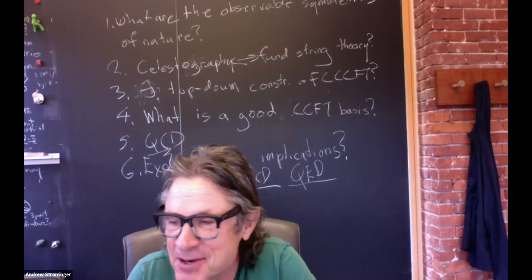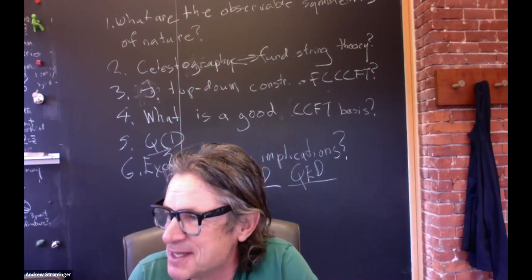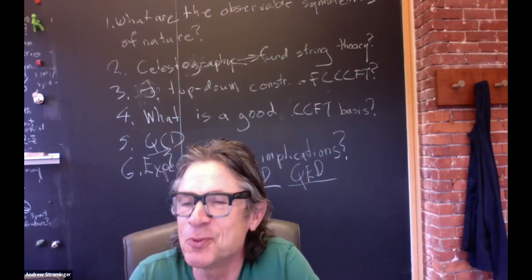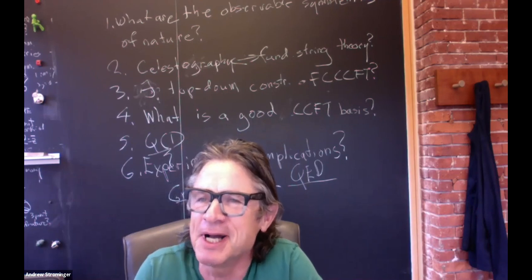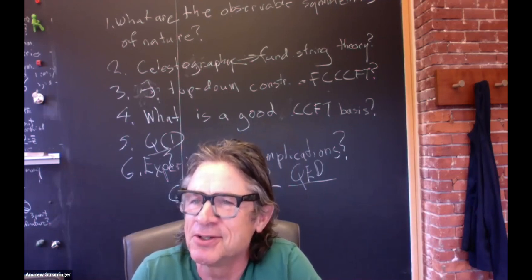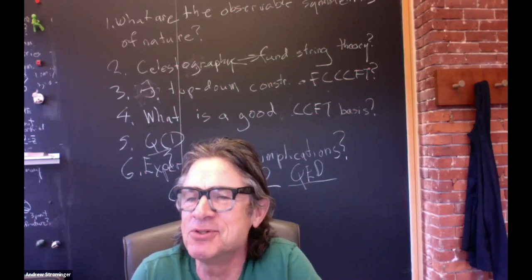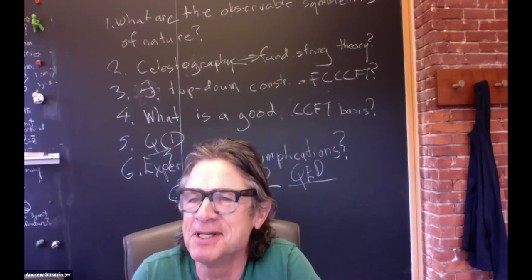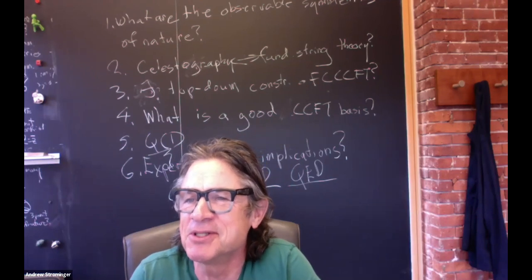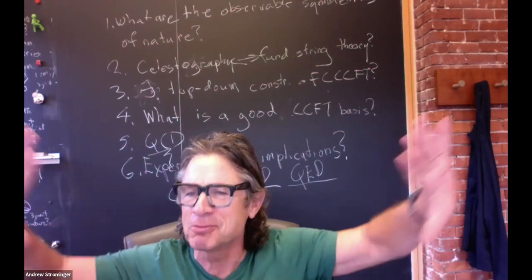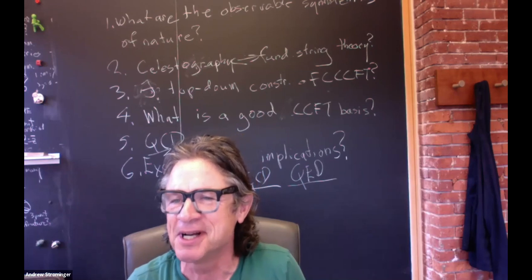And another funny thing is this phrase cusp anomalous dimension. So usually in field theory, when you say anomalous dimension, you mean the anomalous dimension under global rescalings of space-time.